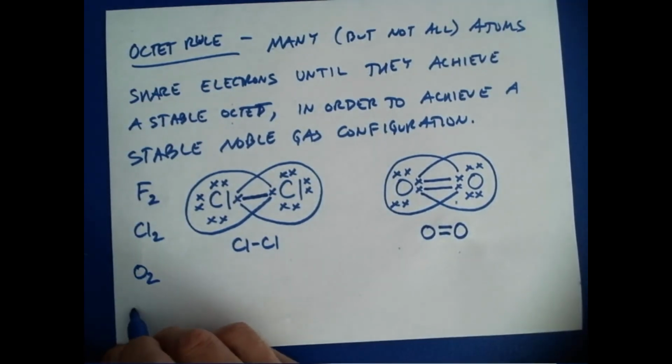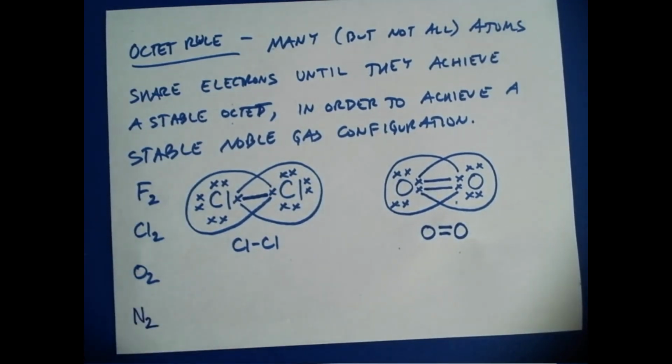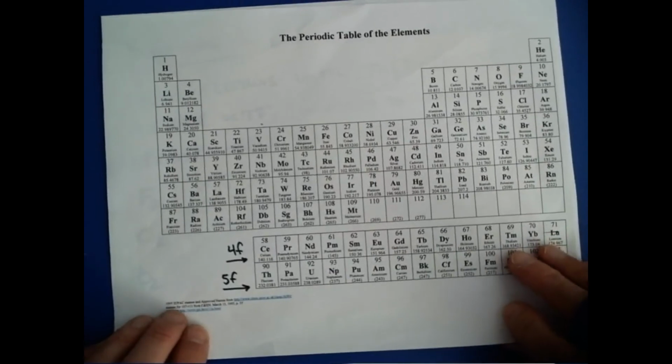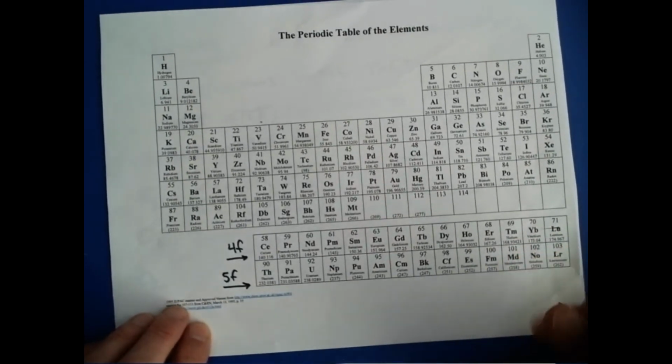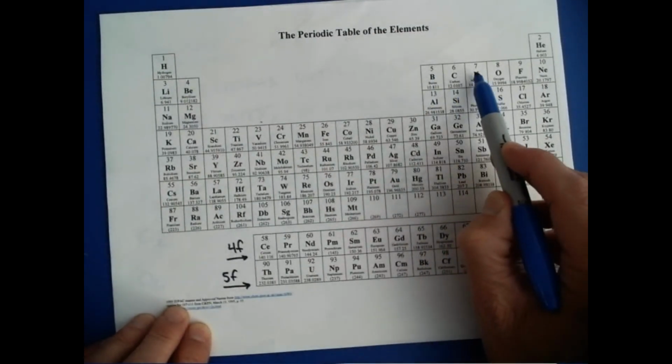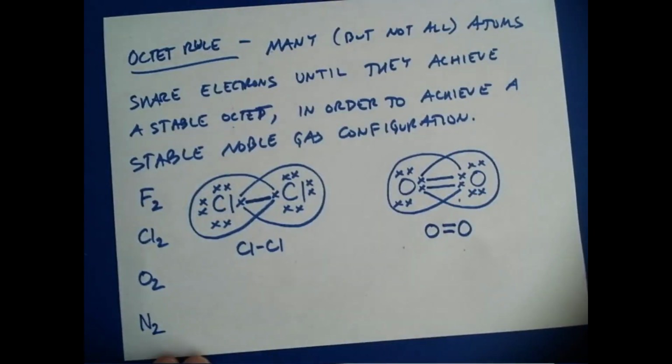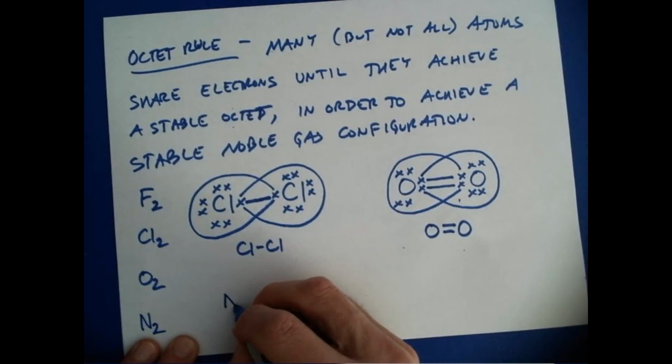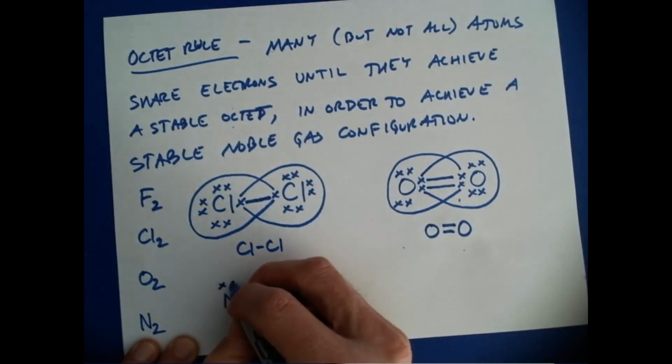Let's do the same thing with nitrogen, N2. Why does N2 exist as N2? Well, let's look here. If we're going to do the same thing for nitrogen, we recognize that nitrogen atoms have 1, 2, 3, 4, 5 valence electrons. So I'll draw those in. Nitrogen 1, 2, 3, 4, 5.